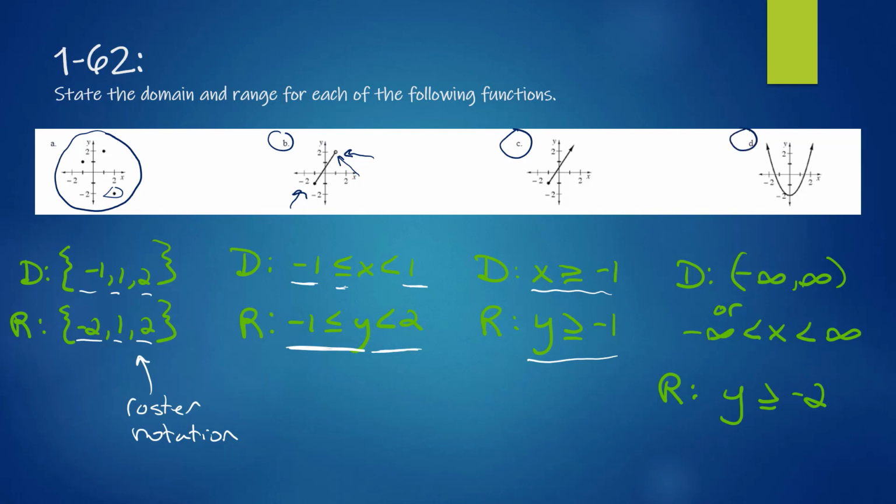And on a parabola, the domain is always all real numbers, which you see right here written in the form CPM prefers. This is the same thing in interval notation, which I've talked about. Then you have the range. Because this particular parabola opens upward, it's going to have a minimum, and that minimum is at -2. So we would say that the range is y is greater than or equal to -2. And that takes care of 1-62.